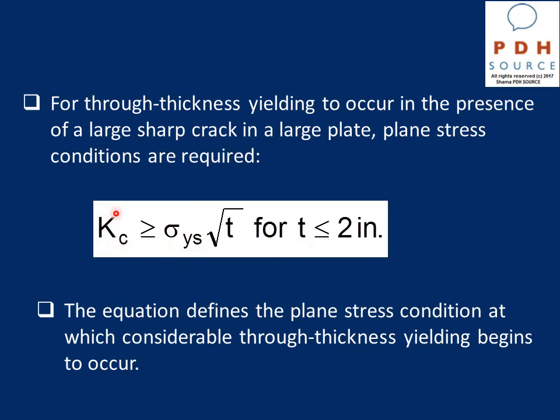So the fracture toughness should be greater or equal to the yield stress multiplied by the square root of the thickness of the plate, and in order to achieve plane stress conditions, the thickness of the plate should not be more than 2 inches to ensure plane stress behavior.